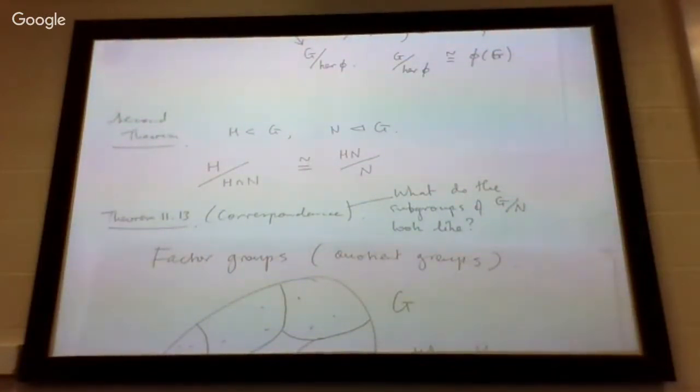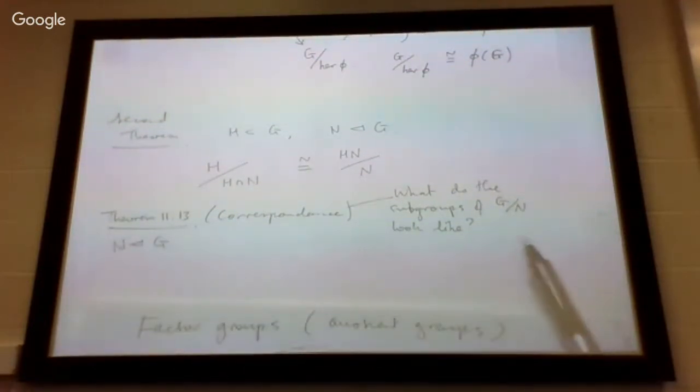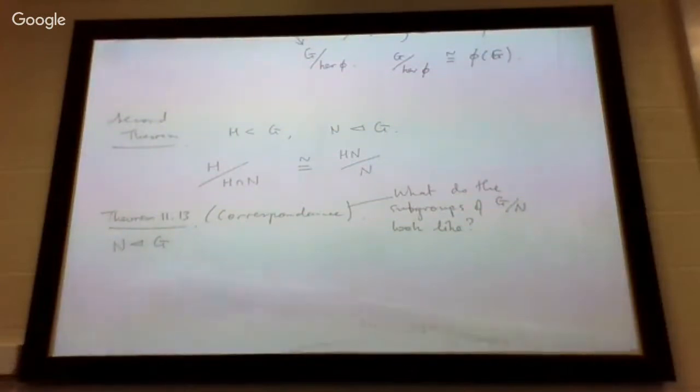I think I'm reusing the earlier terminology, but I'll try not to. I'll try and say the factor group of G by N. G mod N is a shorthand you could say for that.